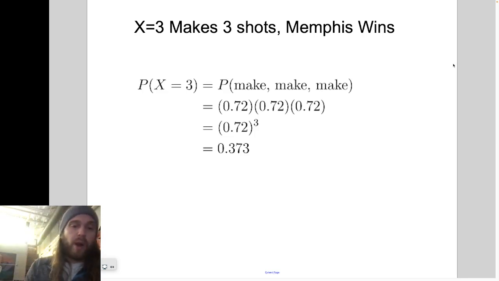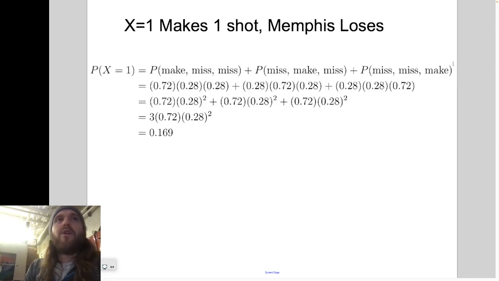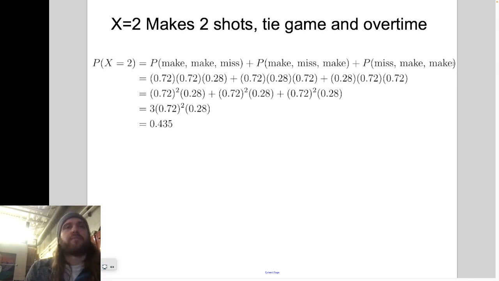We now have the full probability distribution for our random variable x, which is the number of shots that Darius will make in this situation, assuming the shots are independent of each other, and he's not nervous, and he has his actual 72% stat. So yeah, not likely, but still. So we have all of those probabilities, which is pretty exciting.